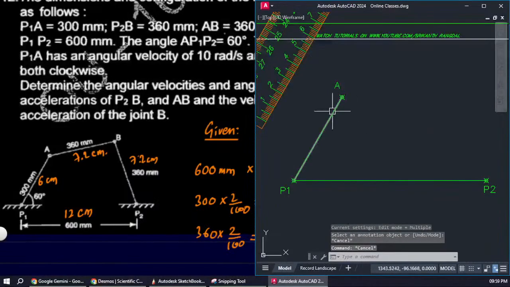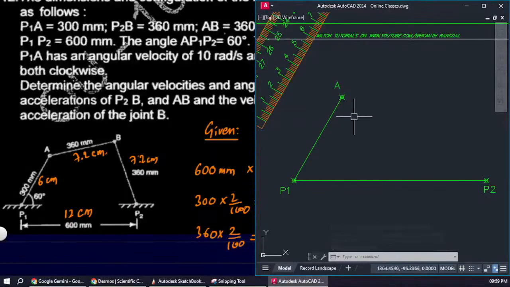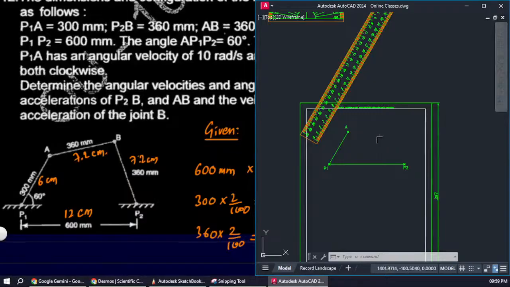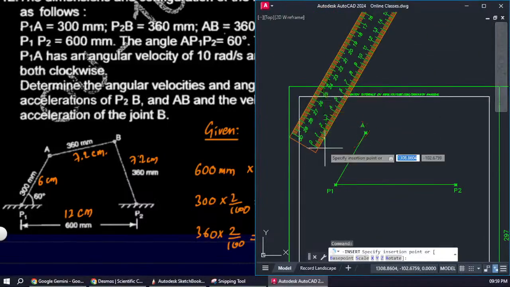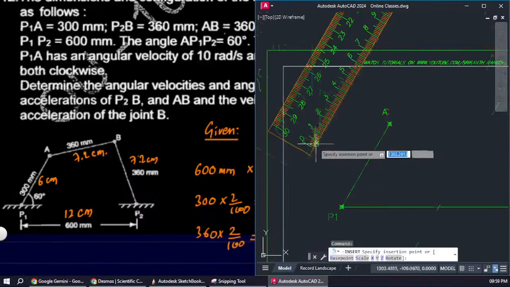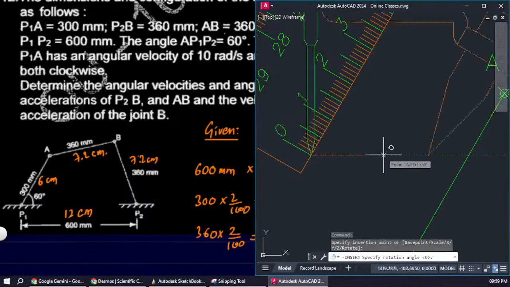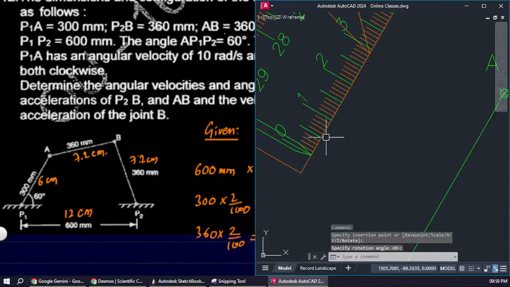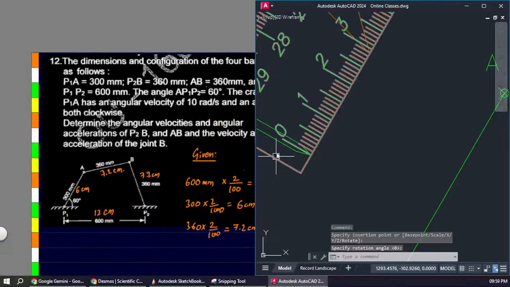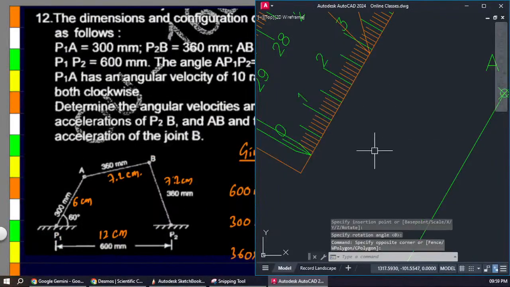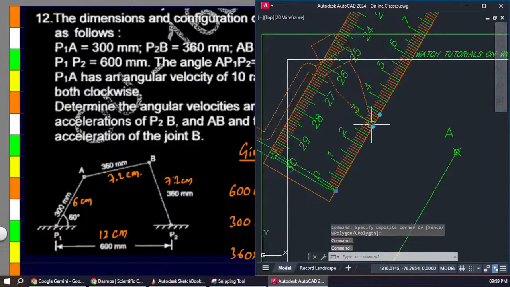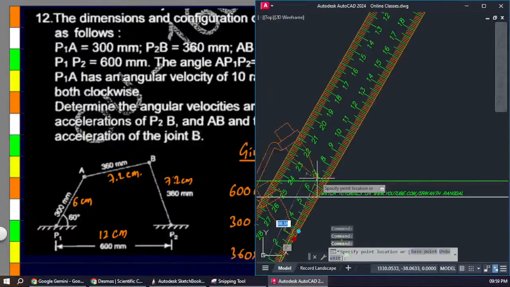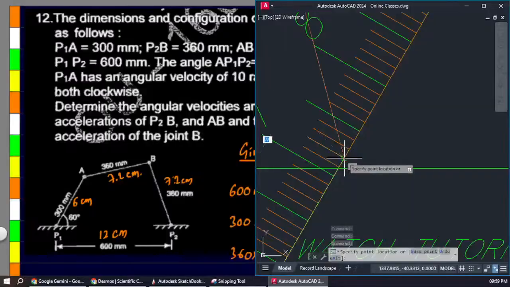Now from this point 7.2, and from the bottom point 7.2. So at this point we will have to take our compass. Let's keep this point here, and then we will have to take a length of 7.2. So let's quickly go here. 7 is here, 7.2 is here.